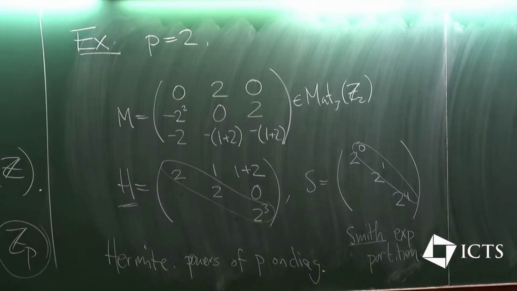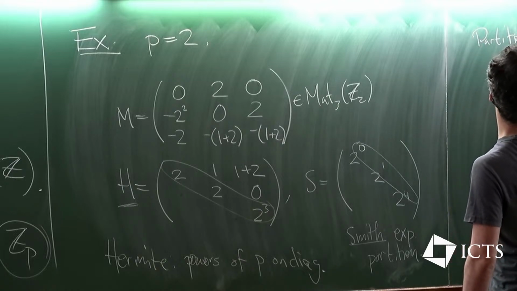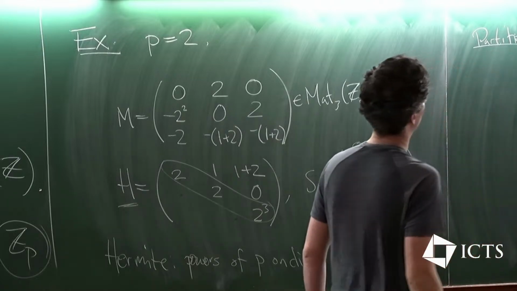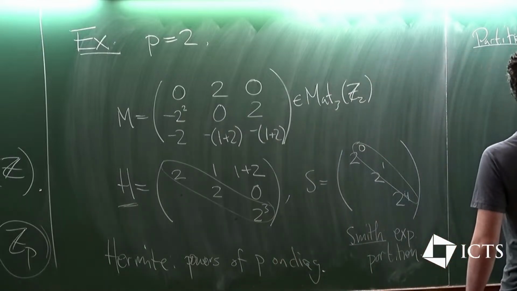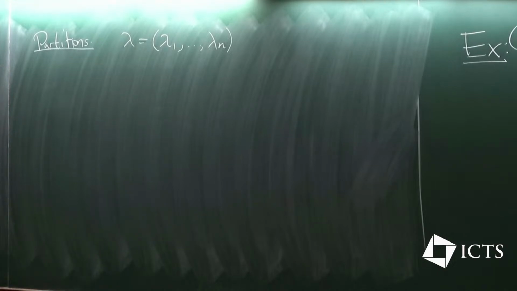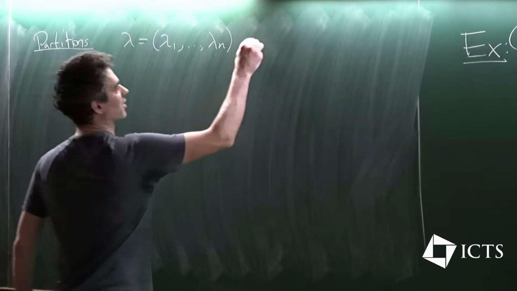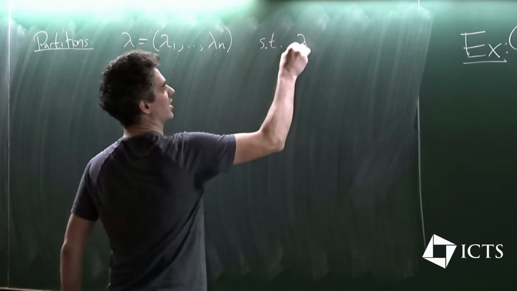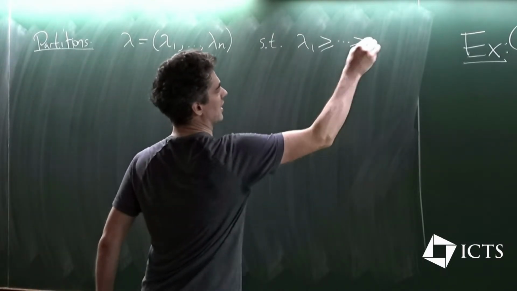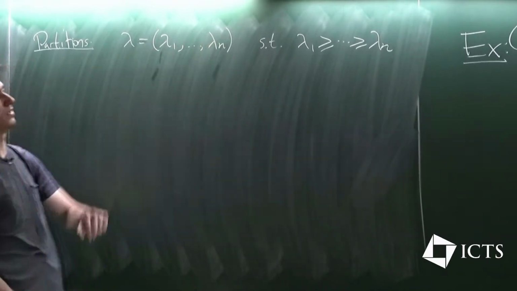And just maybe a reminder, a reminder here, partitions, this is from Amritanshu, right? So we've got a lambda, written as perhaps lambda_1 through lambda_n, such that lambda_1 is greater than or equal to all the way down to lambda_n. So the largest one is the first one, the smallest one is the last.